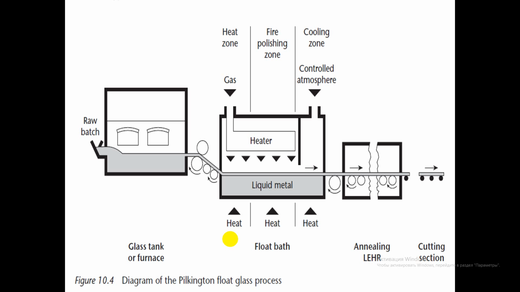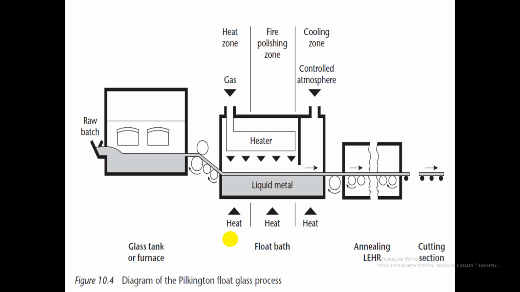The hot glass floats on the tin and therefore becomes perfectly flat, smooth, and of uniform thickness. As heat is applied to both faces of the glass, this is fire polishing. It gives perfectly flat and parallel faces to the glass sheet. An inert atmosphere protects the tin from oxidation.